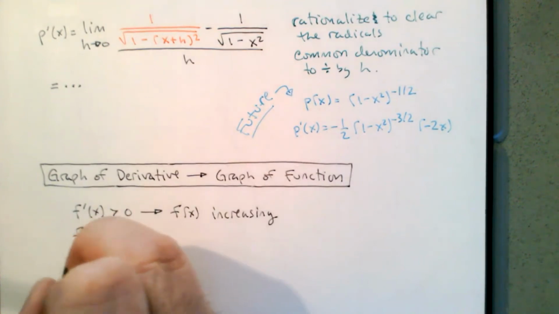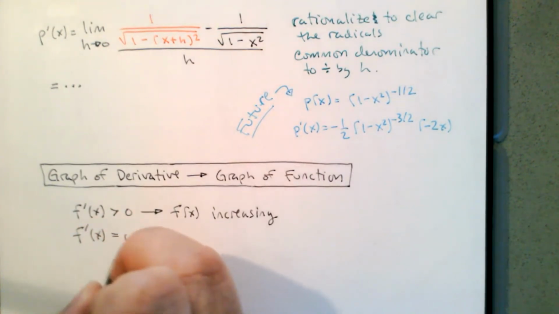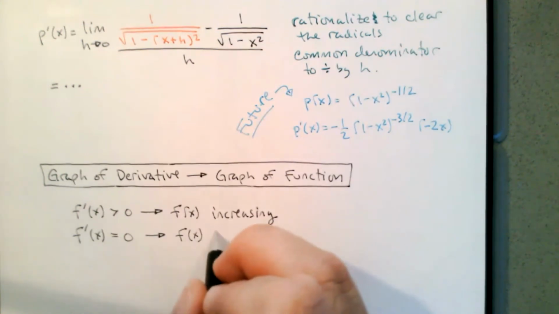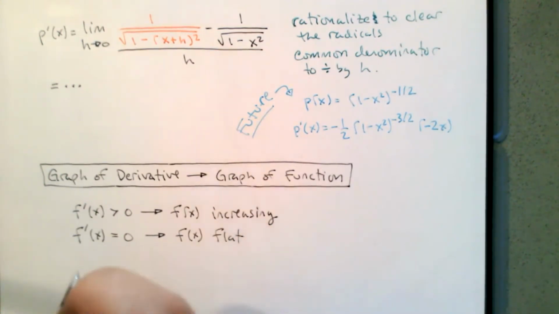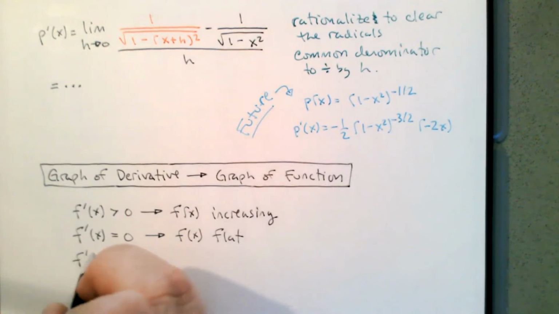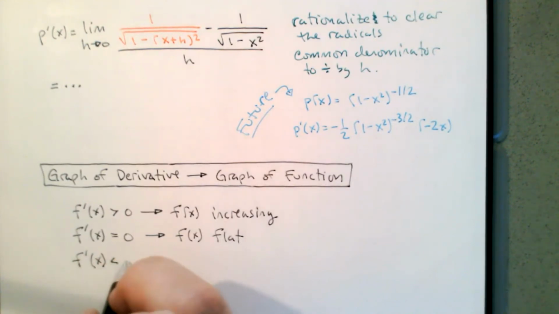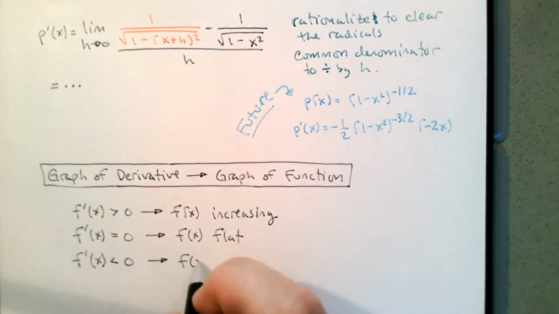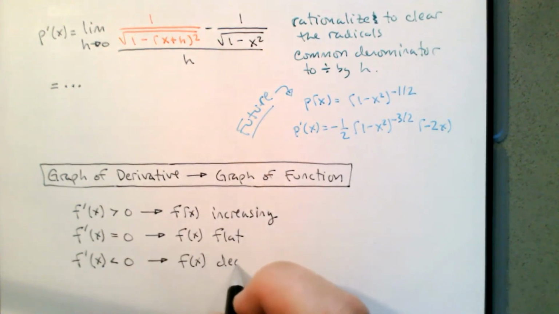If the derivative is zero, then the function is flat. And if the derivative is negative, then the function is decreasing.